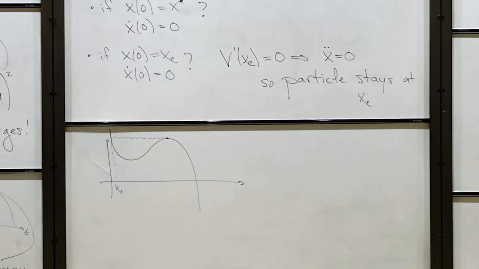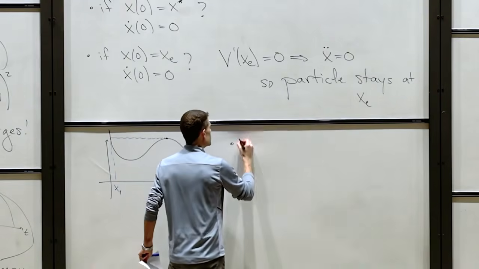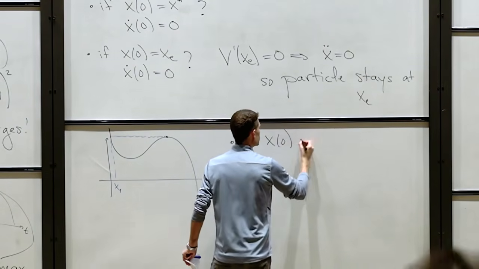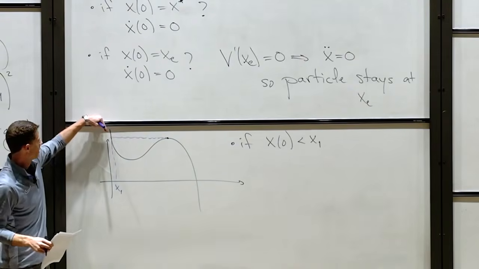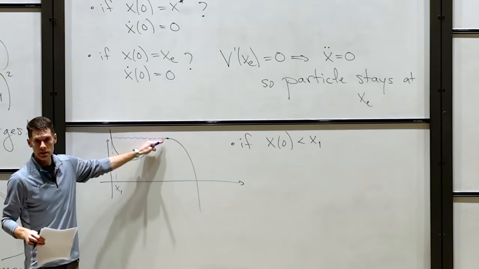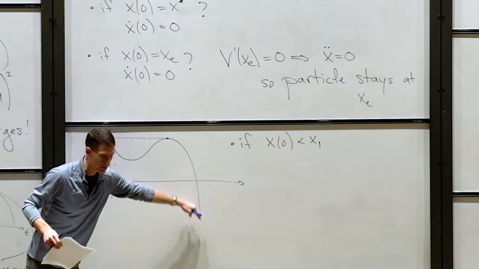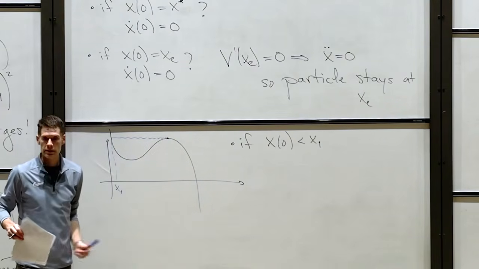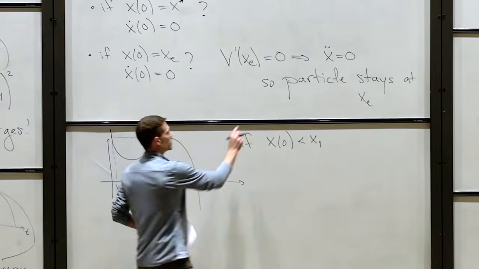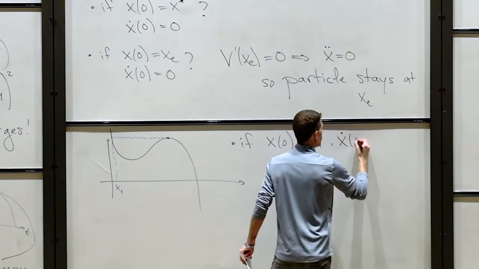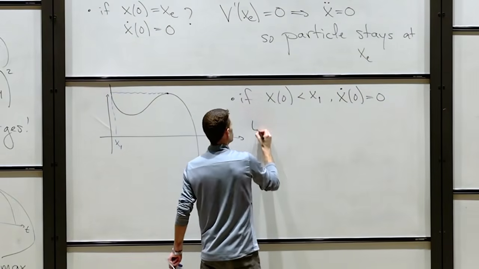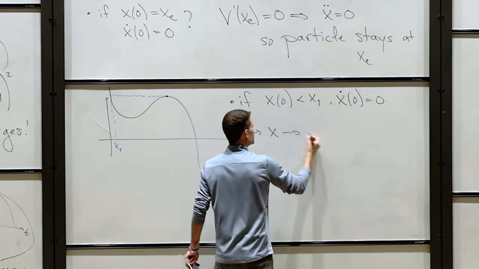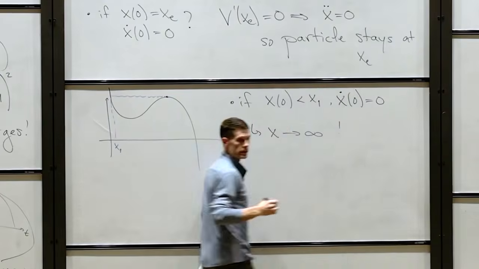And we've argued that if I start to the left of x1 with x dot equals 0, I go down, I go up, I still have a bit of energy, I go over the hill and off to infinity, right? We've made that argument.